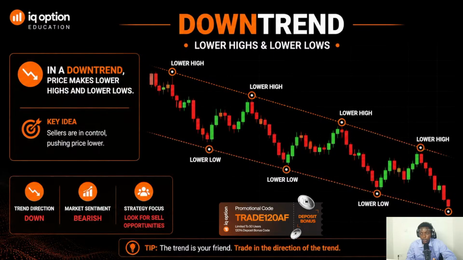An uptrend is a situation where price or the market is going in an upward direction, and a downtrend is a situation where the market or the price is going in a downward direction. When it is an uptrend, you will get higher highs and higher lows. And if it is a downtrend, as you can see now on your screen, you will have lower highs and lower lows. So that is what the trend means.